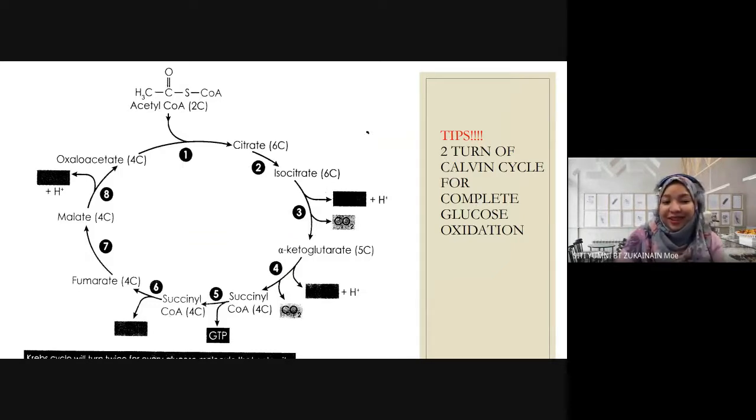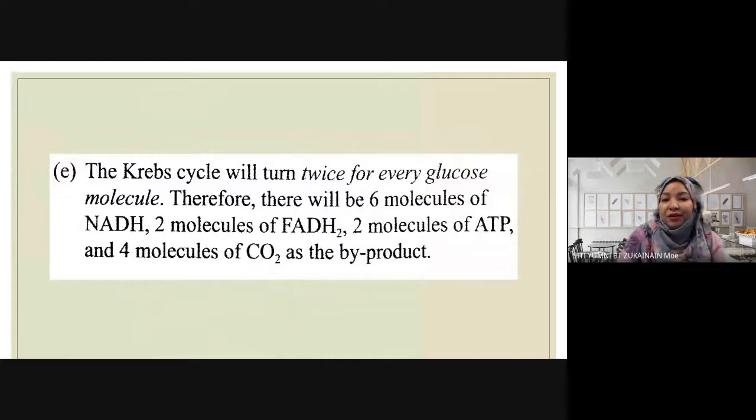So the Krebs cycle will turn twice for every glucose molecule that enters it. Therefore, there will be times 2 for the previous production per cycle. So when you times 2, you will get 6 molecules of NADH, 2 molecules of FADH2, 2 molecules of ATP, and 4 molecules of CO2 as the byproduct.